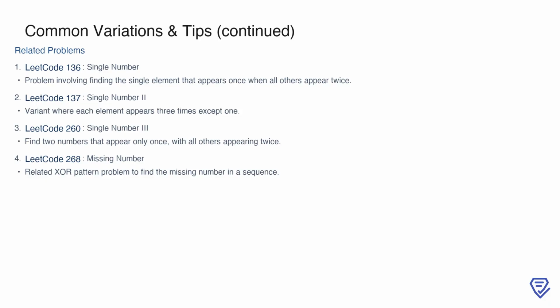Another related problem is LeetCode 260, Single Number III, where you're tasked with finding 2 numbers that appear only once, while all other elements appear twice. Lastly, LeetCode 268, Missing Number, involves finding a missing number in a sequence and can be solved using a similar XOR pattern. Exploring these problems can strengthen your grasp of the techniques and patterns involved in solving unique element problems.